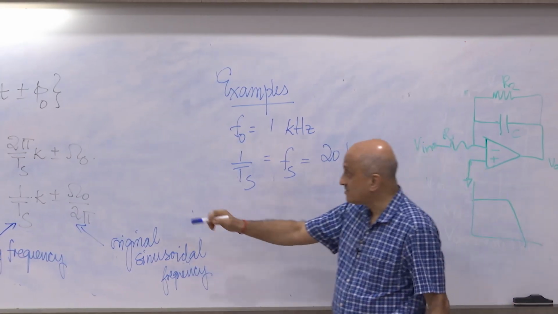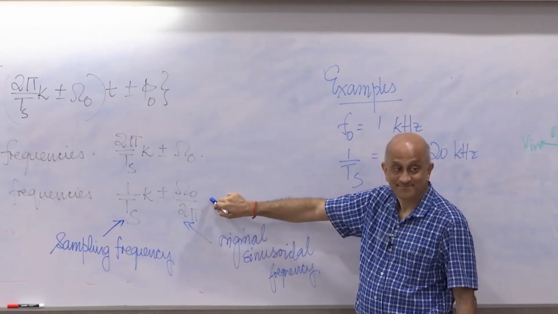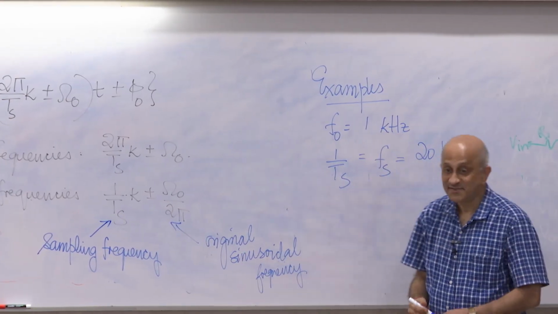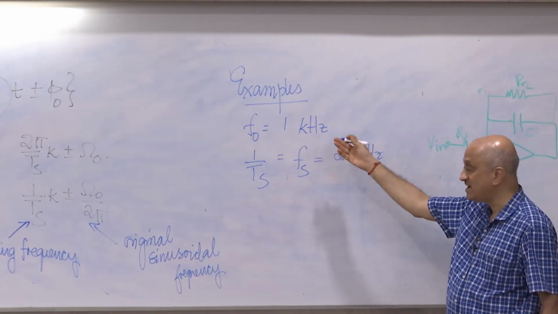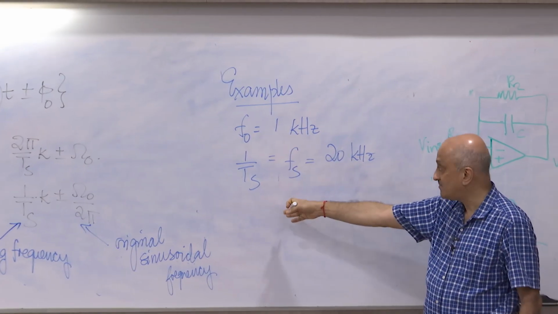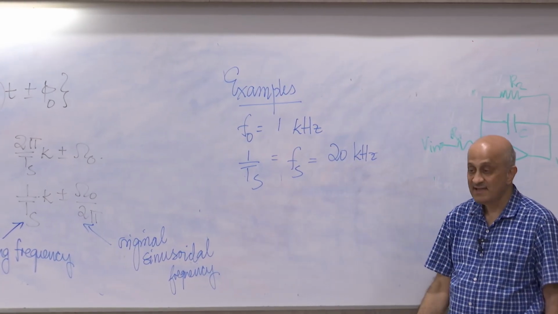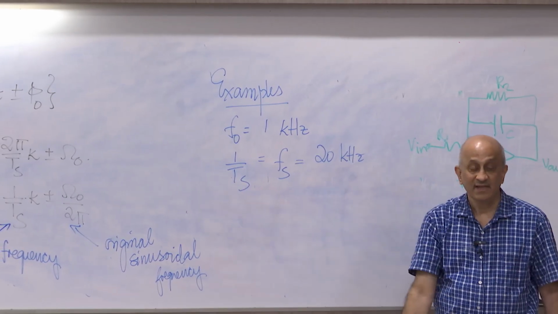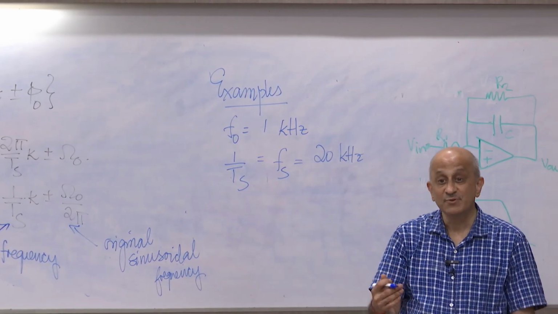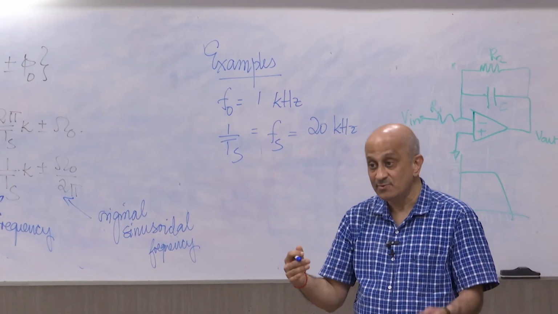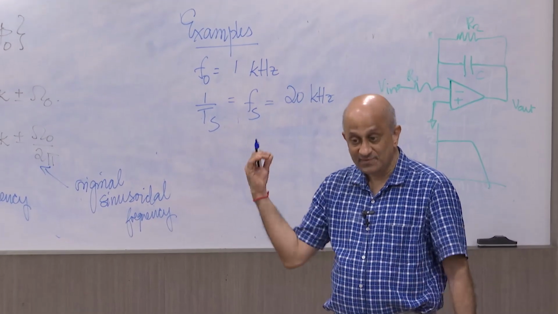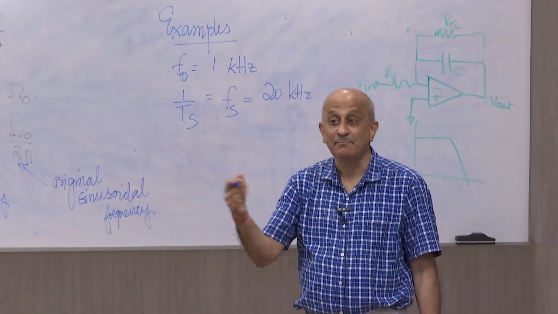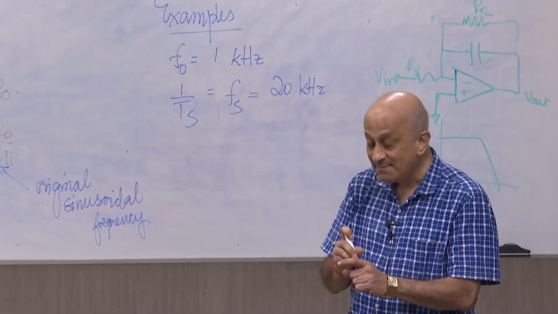So we want to list these Hertz frequencies. I've listed the Hertz frequency f0 and the frequency 1 by Ts. Based on that, I wish to list these different frequencies whose sinusoids would produce the same samples at the same points. Why am I trying to do that?